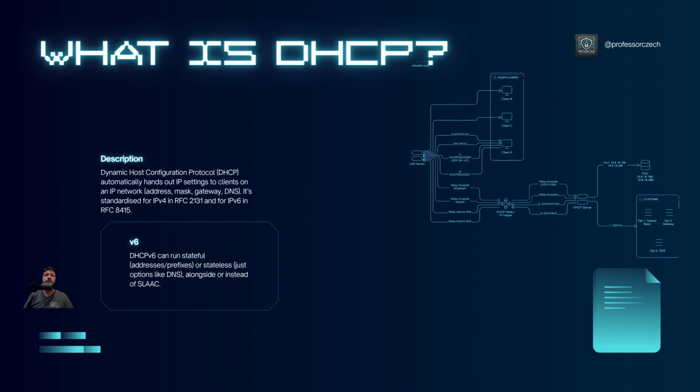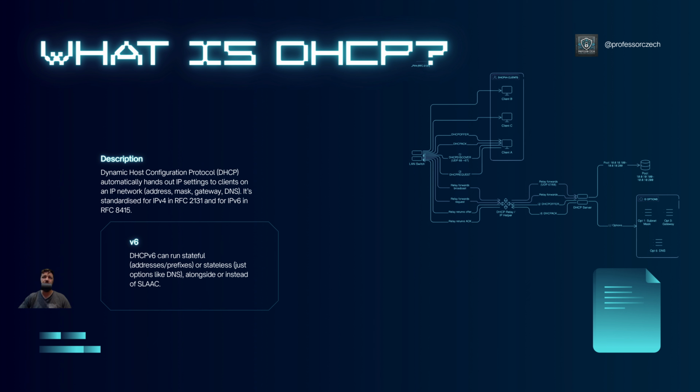of DHCP as a network's backstage manager, the one quietly handing every device its script, costume, and exit plan before the show starts. When your laptop joins a LAN, it has no idea who it is or where to go.